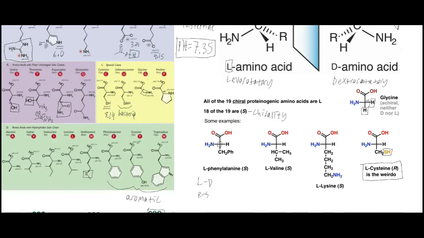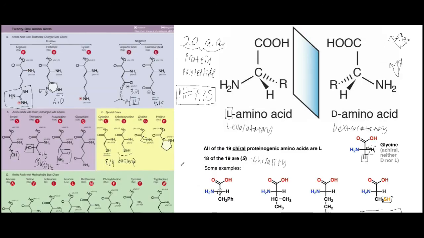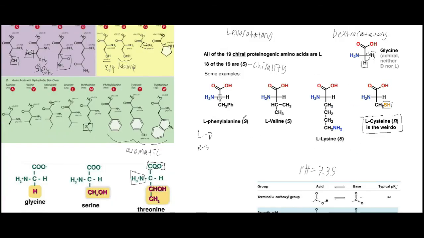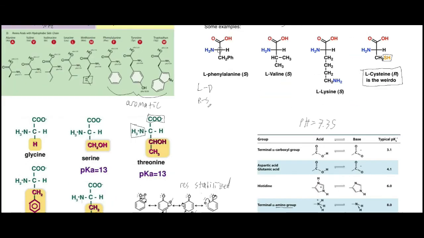We can have the hydrophobic, the uncharged, nonpolar, and that can even be separated down into the aromatic amino acids. I mentioned that amino acids are always levorotatory. They are all S except for cysteine.